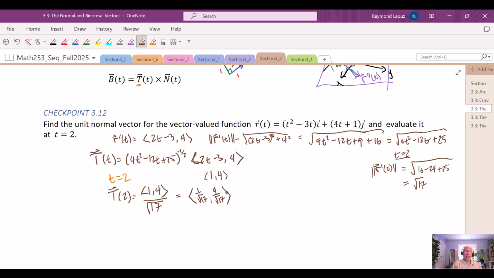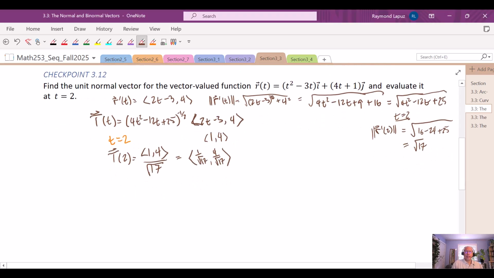Now this is in 2 dimensions. If we need to find the unit normal vector, according to the formula, this is the derivative of the unit tangent vector, and after you take the derivative, this may not be a unit vector, so we're going to divide by the magnitude of its derivative.